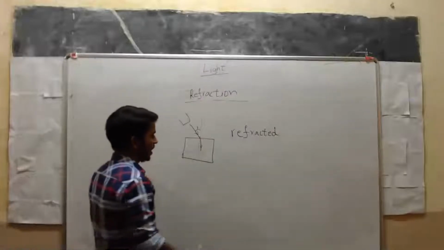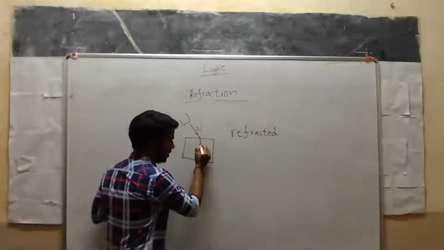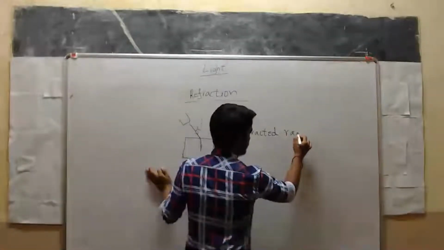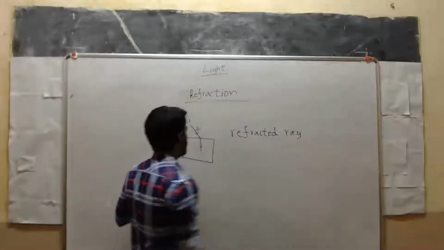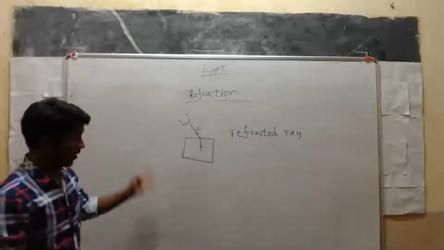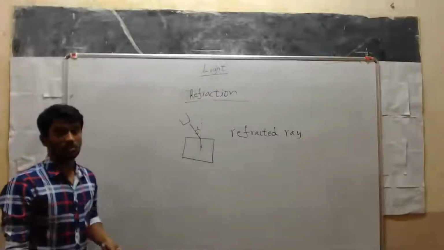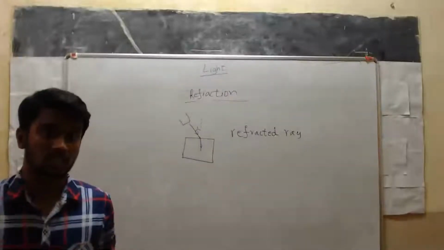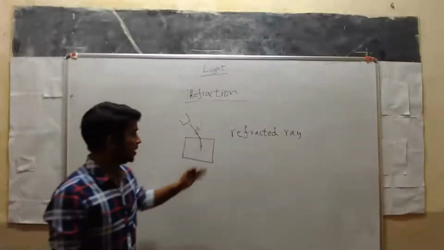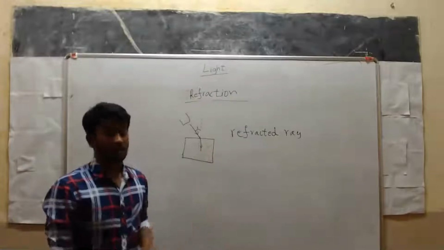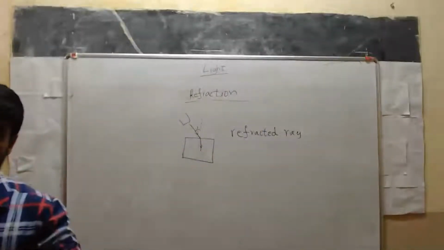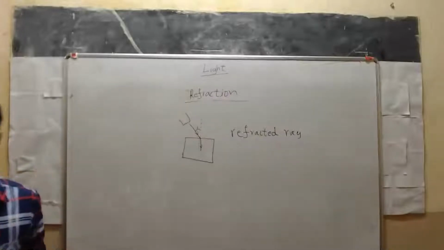Next, the angle between the normal and refracted ray is known as the angle of refraction. Don't confuse it with the angle of reflection.